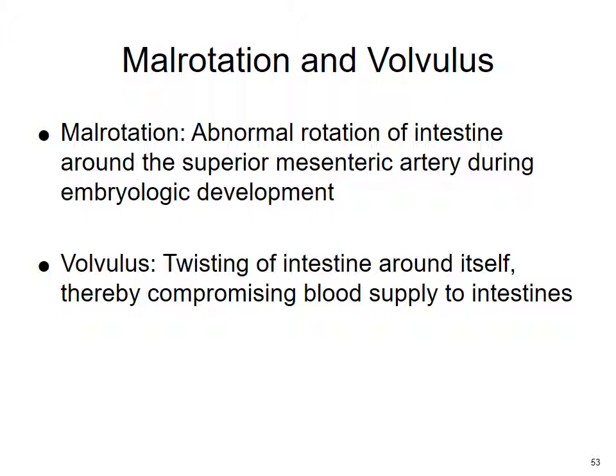Malrotation is an abnormal rotation of the intestine around the superior mesenteric artery during embryonic development. And volvulus is a twisting of an intestine around itself, compromising blood supply to the intestines. So both of these are dangerous and require surgical intervention.